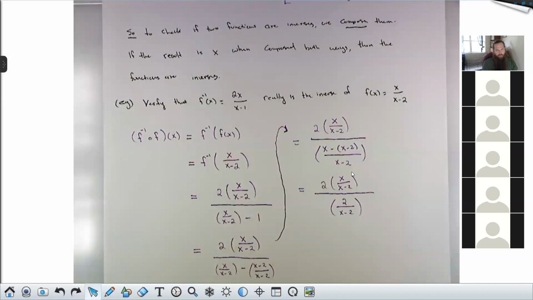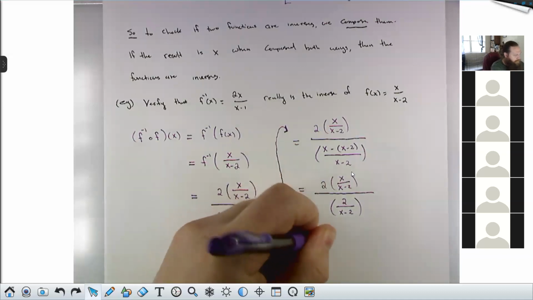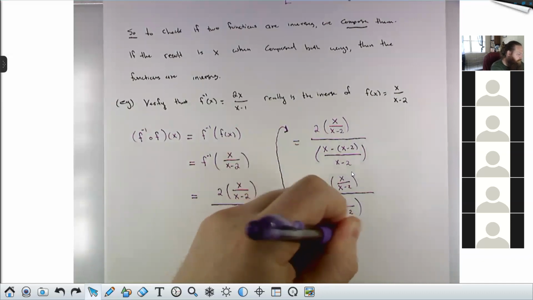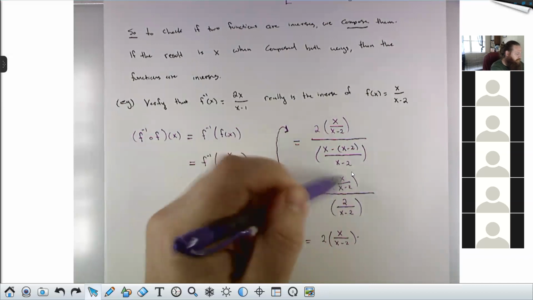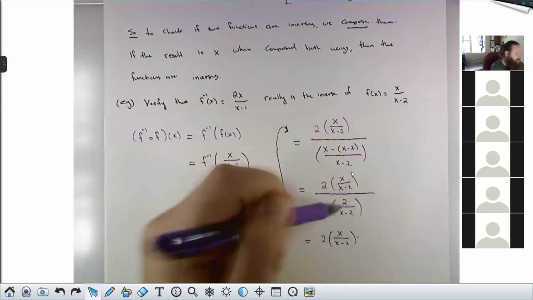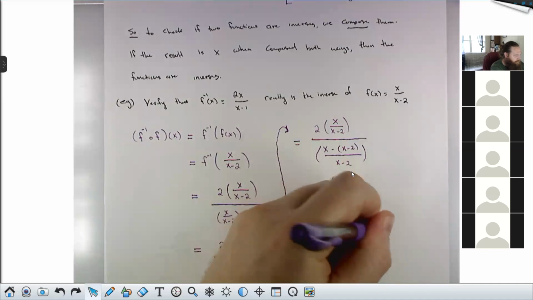Questions so far? Okay. Then I will flip and multiply by the bottom. So the top stays the same. This thing which I'm dividing by, we flip and multiply.